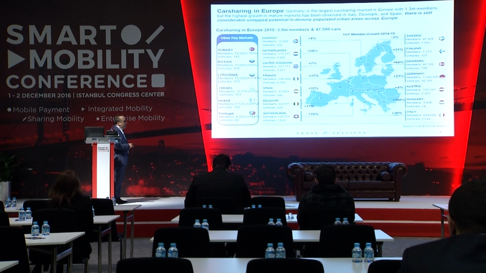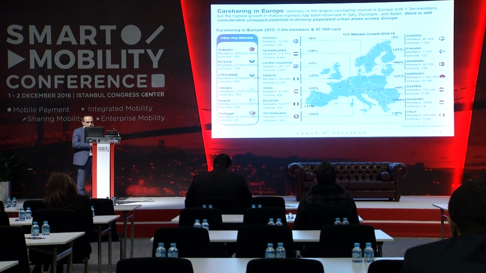Germany is followed by Italy and France, I believe. Turkey does not have very bad figures. It's quite good actually. We have around 18,000 members with 145 vehicles. And other key countries outside of those are Russia, Israel, and Lithuania.